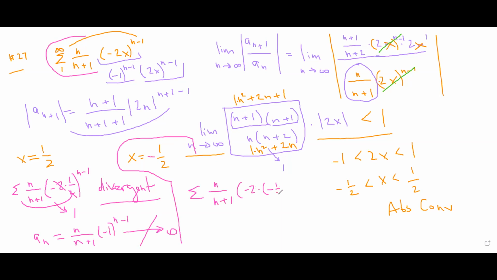So this is going to be just a positive number 1. So the factor is going to be just times 1. But again, the series is divergent, right?